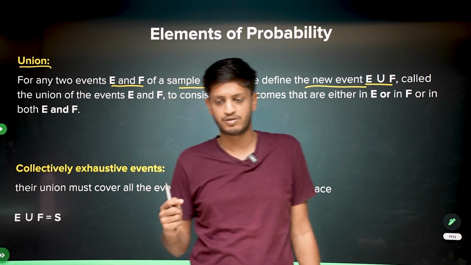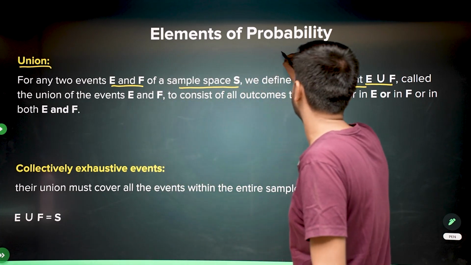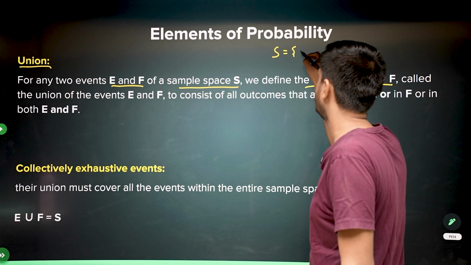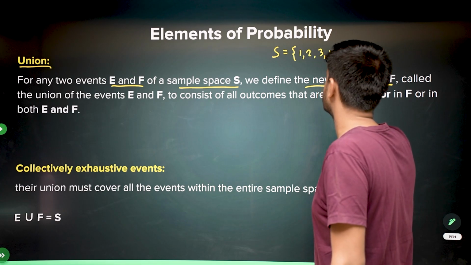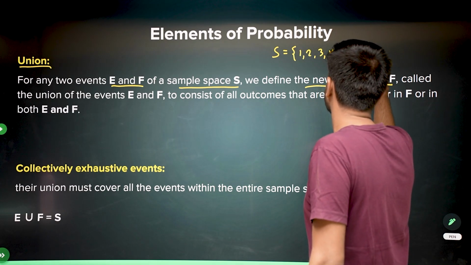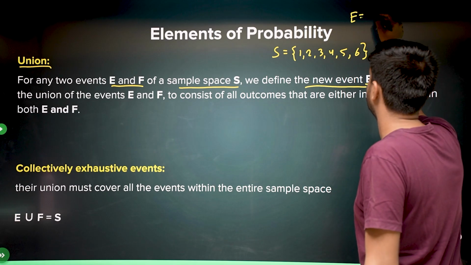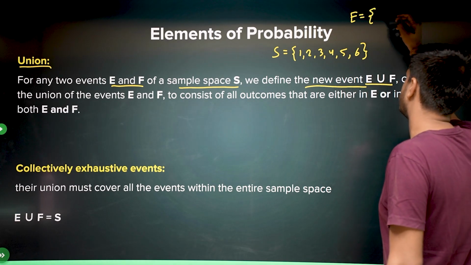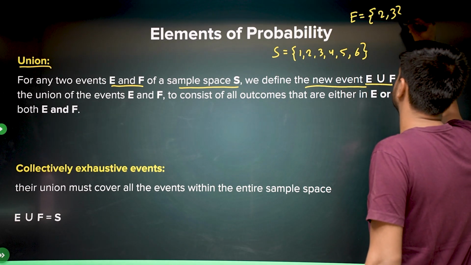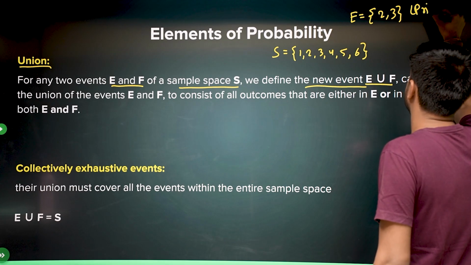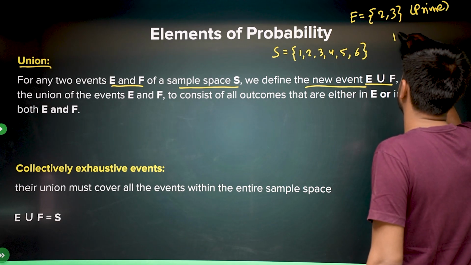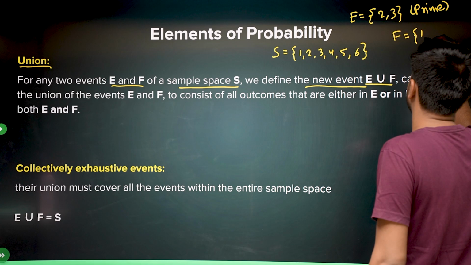Anything can happen, right? So let's say again, you have a sample space of rolling a die: 1, 2, 3, 4, 5, 6. Let's say E is the event of getting a prime number, and let's say F is the event of getting an odd number.